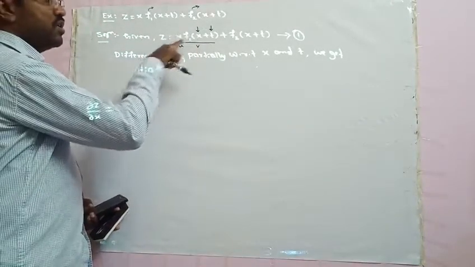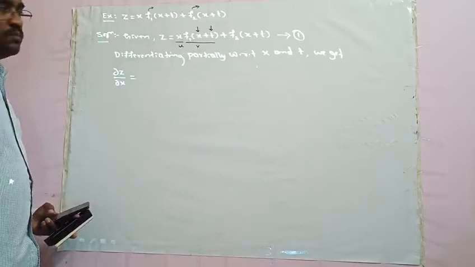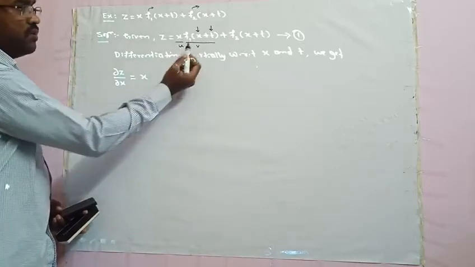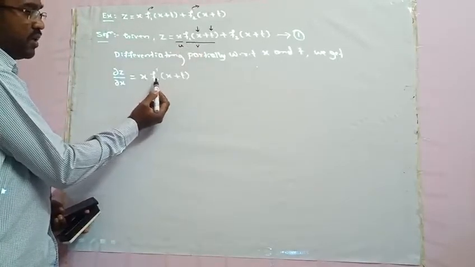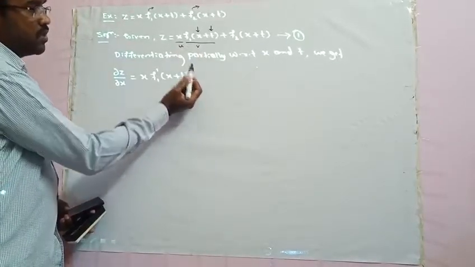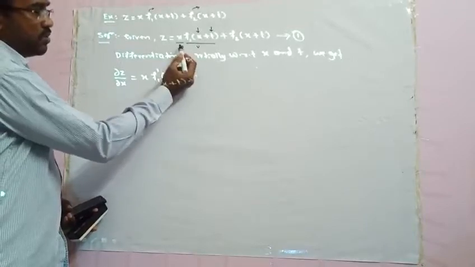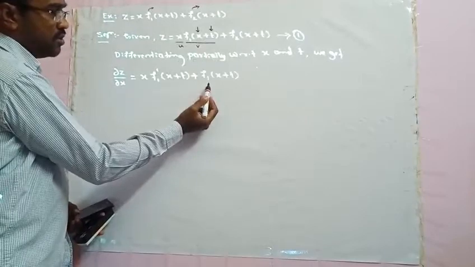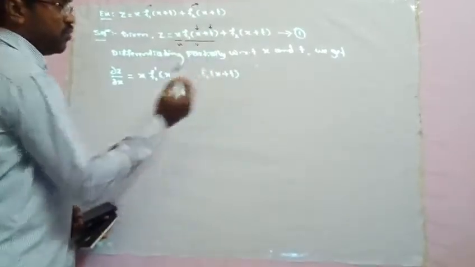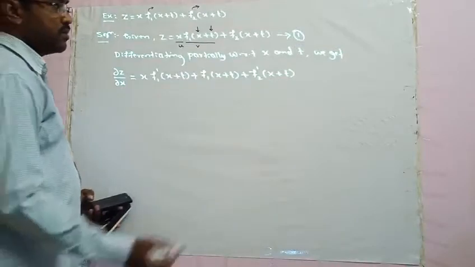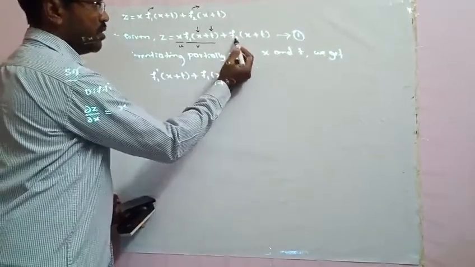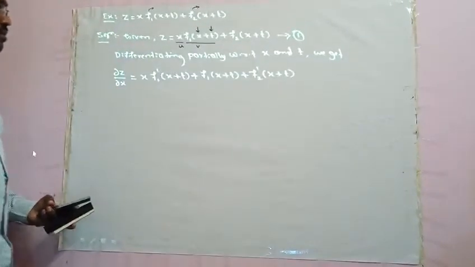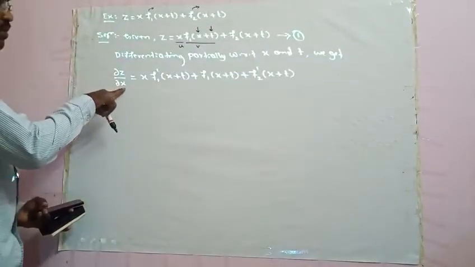First function as it is, differentiation of f1 is f1 dash, plus f1 of x plus t as it is, differentiation of x is 1, plus differentiation of f2 is f2 dash. So this is the differentiation of z with respect to x partially.